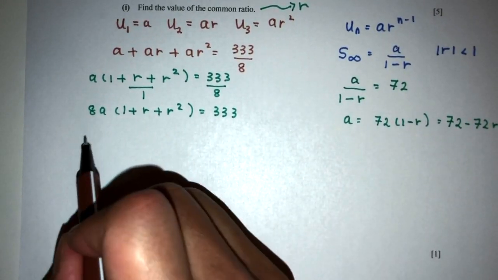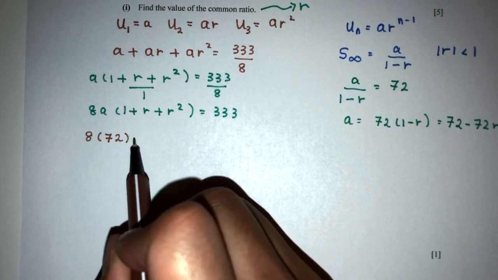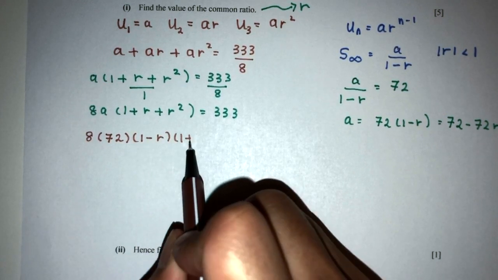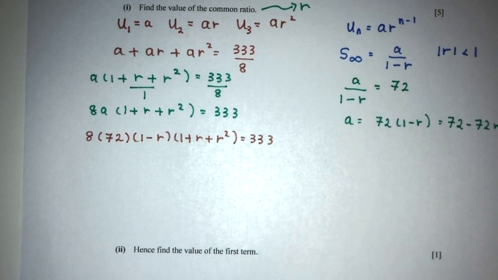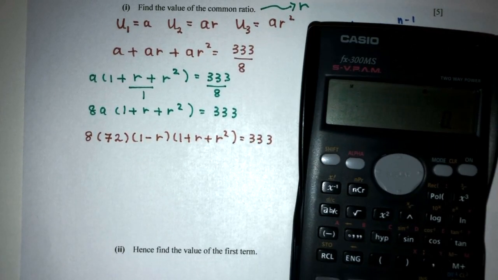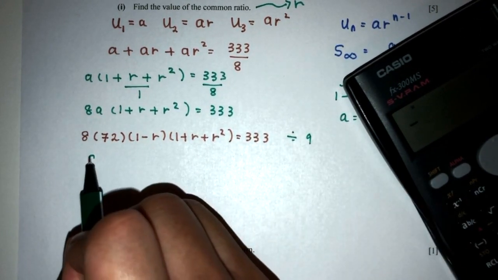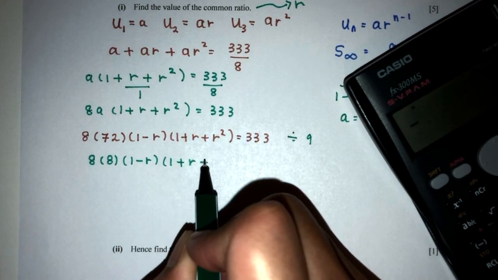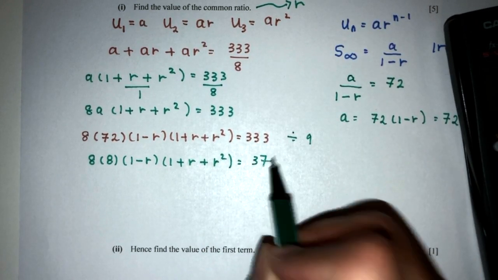So replace a here, you will have 8 times a, which is 72 times 1 minus r, times 1 plus r plus r squared, equals 333. So let's simplify. So we can divide by 9. 333 divided by 9, that will be this. So divide by 9 everywhere, you will have 8 times 8, 1 minus r times 1 plus r plus r squared, and that will be 37.